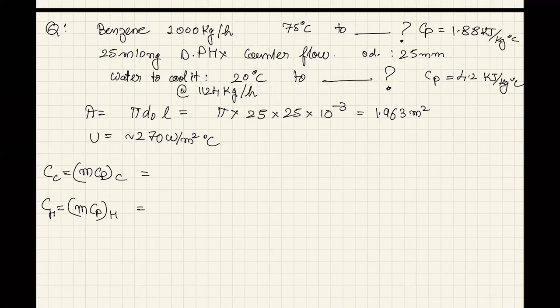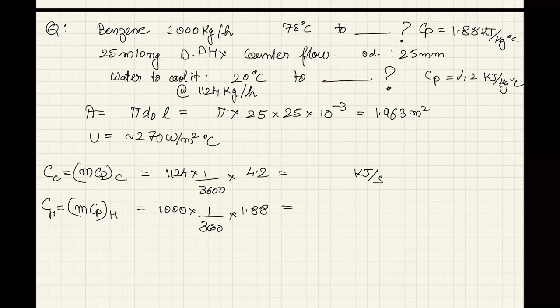Let's calculate the CC value. This will be 1124 times 1 by 3600 times 4.2, and this will be 1000 times 1 by 3600 times 1.88, in kilojoule per second.